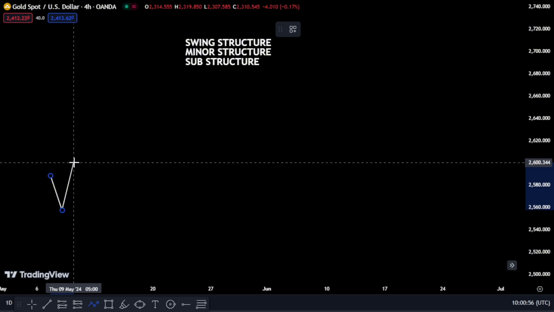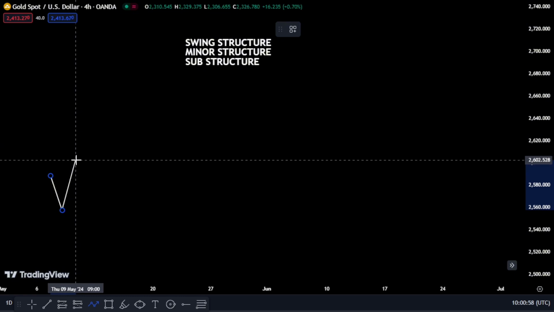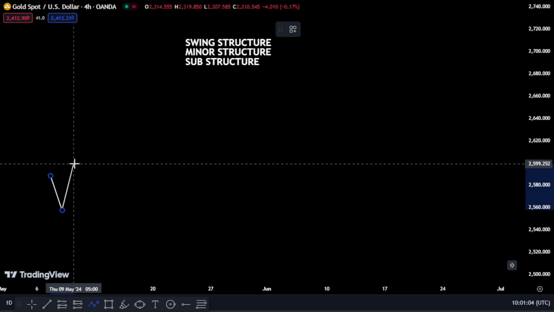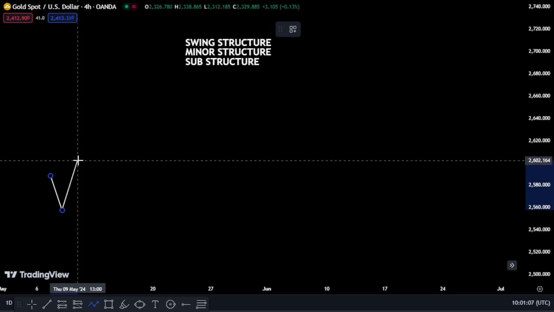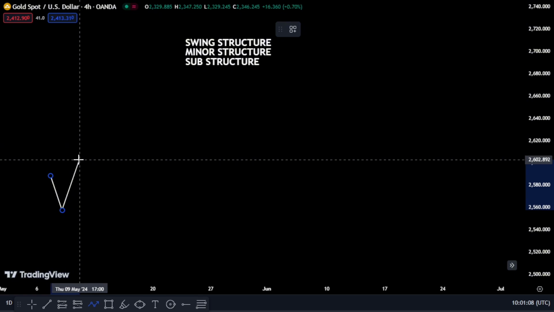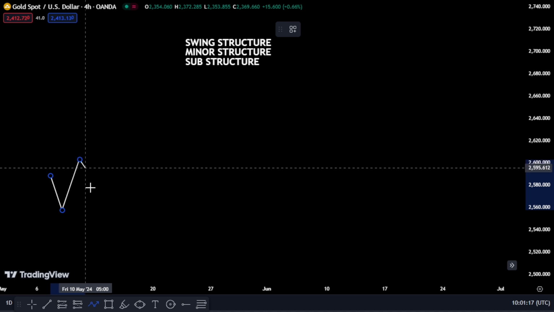So what happened in this particular case? We have a break of structure. After that break of structure, some people are looking forward to buy opportunities, but you, being an advanced market structure trader, what you're going to be looking for is a sweep of liquidity.